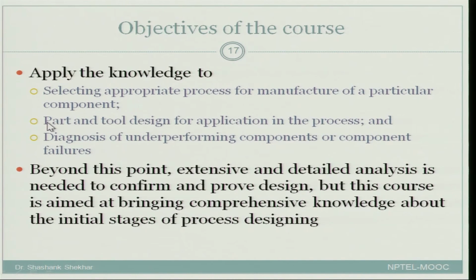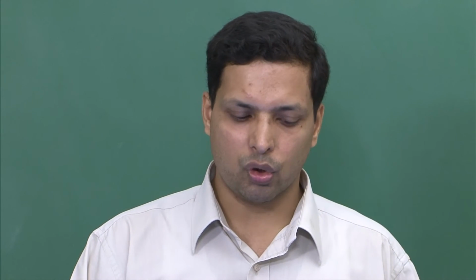Then, having this knowledge, you can also apply it to design parts and tools which will be involved in the component, or in the processes which will make the components. For example, what kind of die to make for powder metallurgy components, or even if we are talking about casting products, based on the heat rate, you can design an appropriate mold.